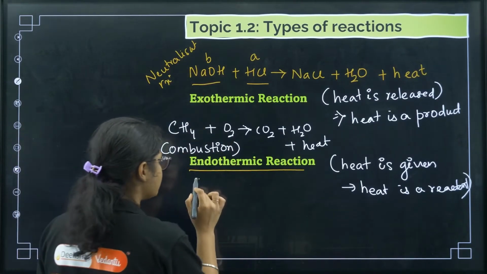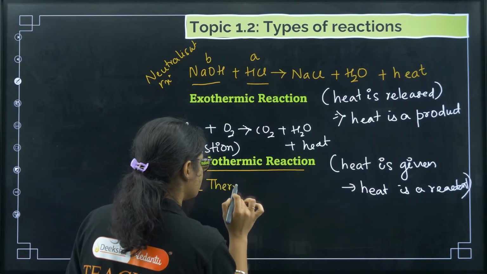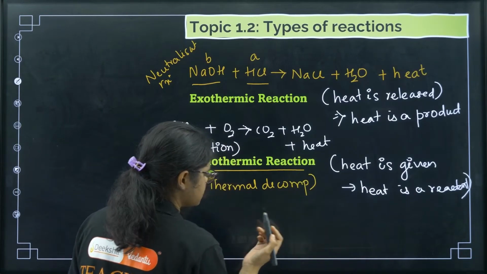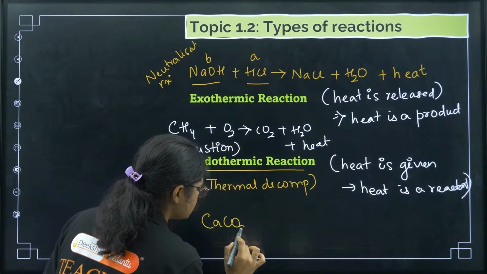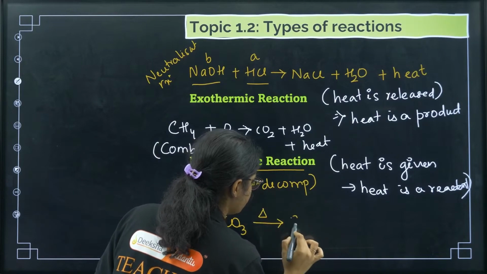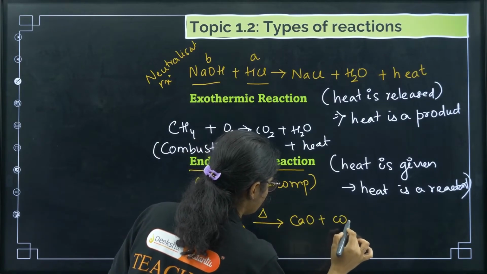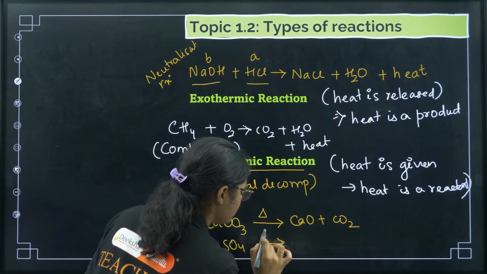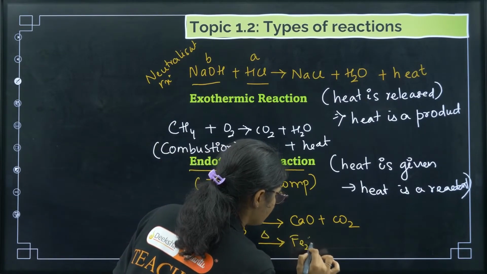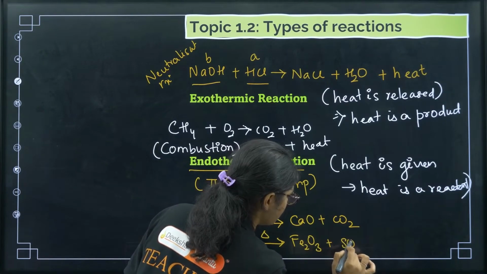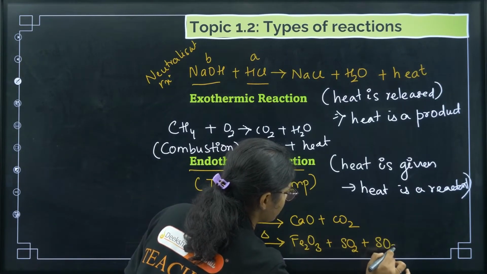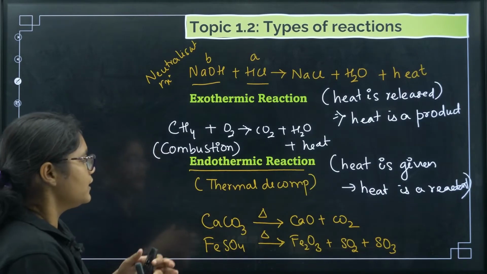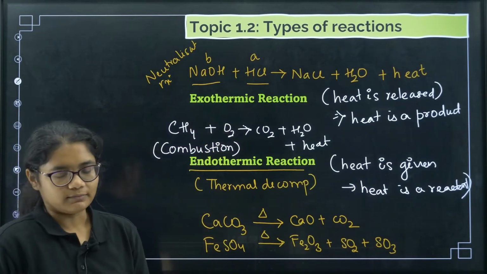One example is thermal decomposition reactions. CaCO3, if you give some heat, you will get CaO plus CO2. FeSO4, if you give heat, you will get Fe2O3 plus SO2 plus SO3. These are the examples of exothermic and endothermic reactions.